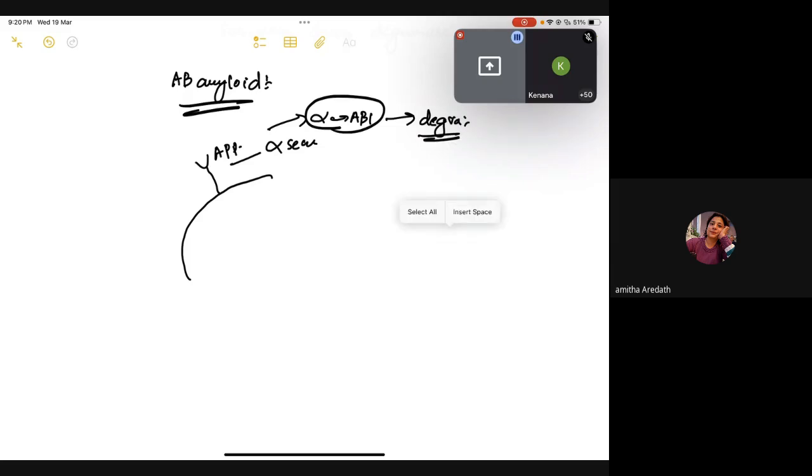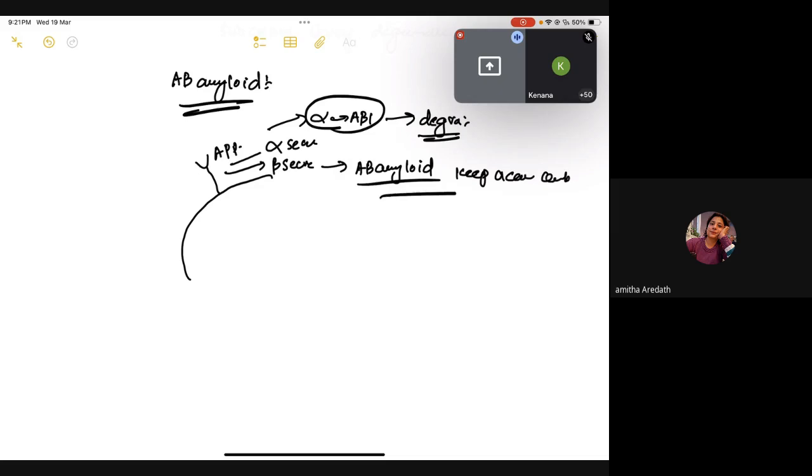But sometimes this APP is acted on by another enzyme, known as beta secretase, and it is converted into A beta amyloid. A beta amyloid cannot be degraded by your central nervous system cells, and it keeps on accumulating within your cerebrum, which leads to degeneration of your gray matter, and in turn leads to dementia.